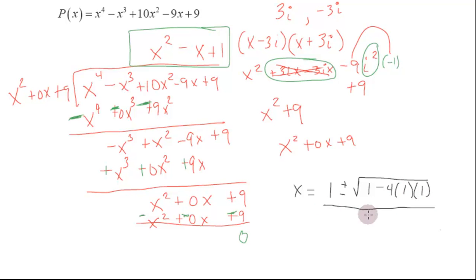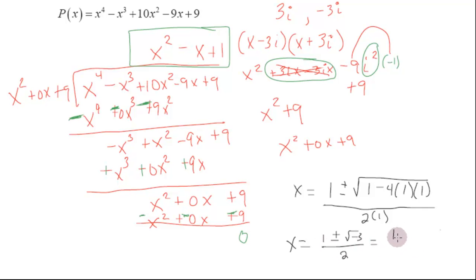A lot of ones in there. All over 2 times 1. Negative 4 times 1 is negative 4. 1 minus 4 is negative 3.